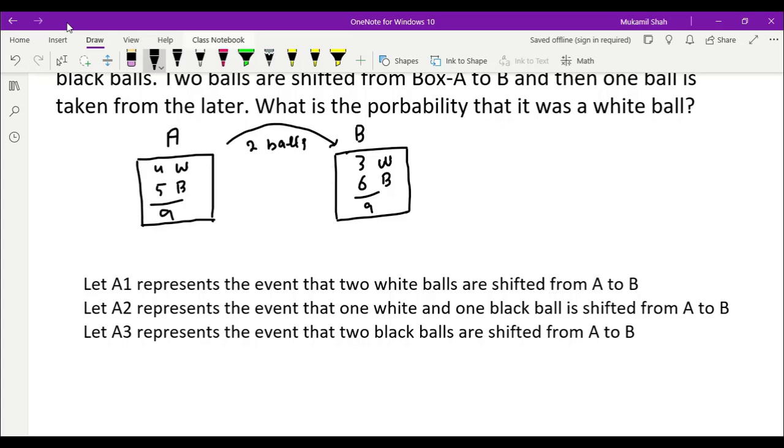So we need the probability of a white ball, and it can be written as follows.